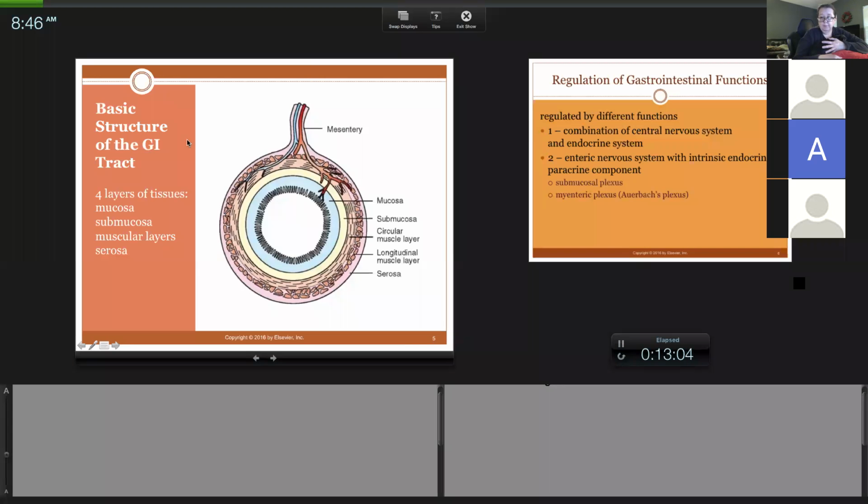So the primary blood supply to the intestine is called the mesentery. And again, every area where you have a red vessel, you have a blue vessel, because you're bringing oxygenated blood in and deoxygenated blood needs to go out. So arterial blood in, venous blood out.